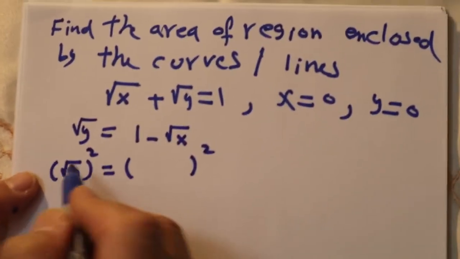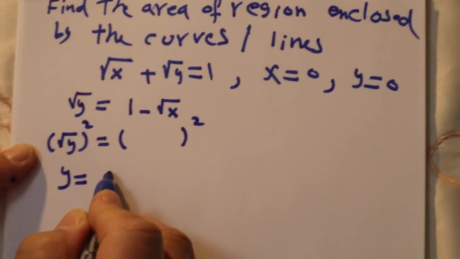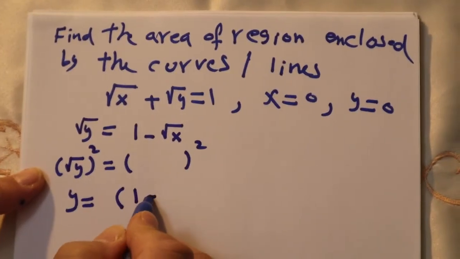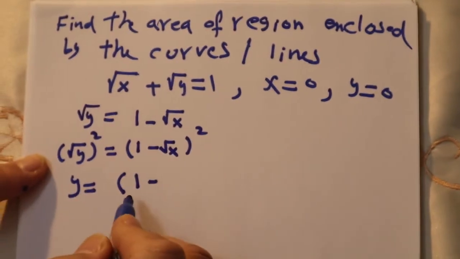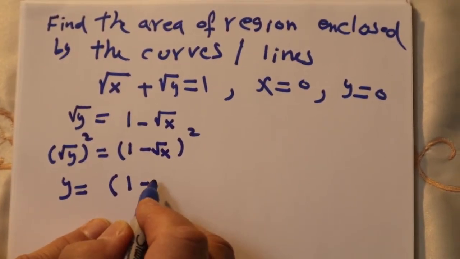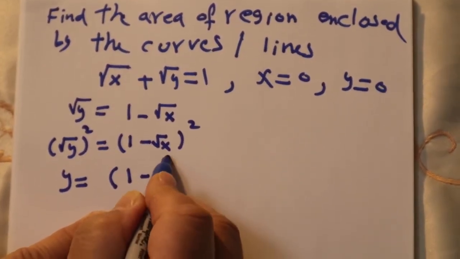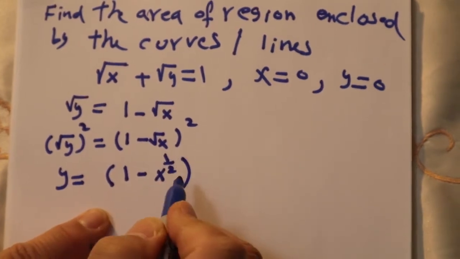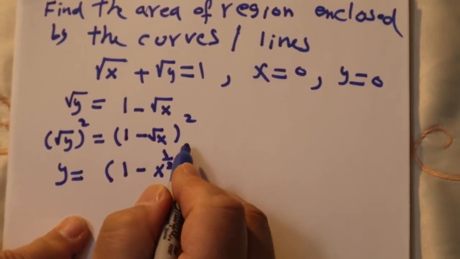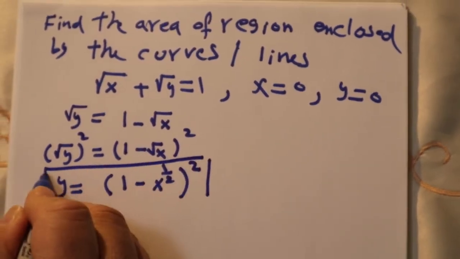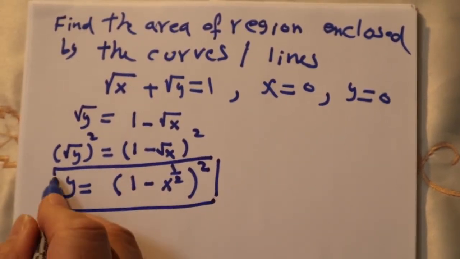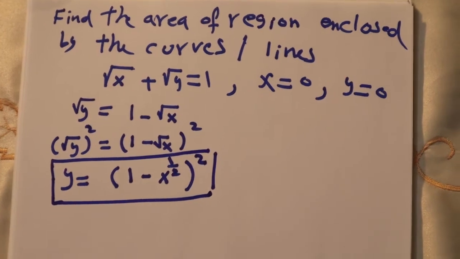So the second power of the radical will be cancelled, so y equals 1 minus the square root of x, squared. You could convert it to x exponent a half to be easy to integrate later. So this is the first function that we prepare before we do the integral.